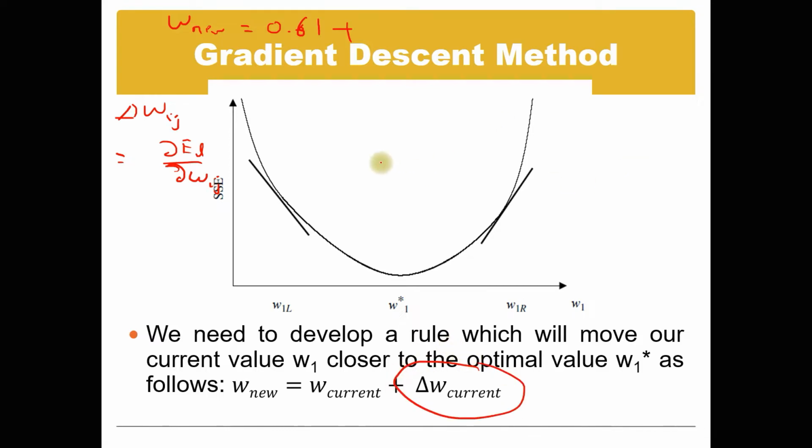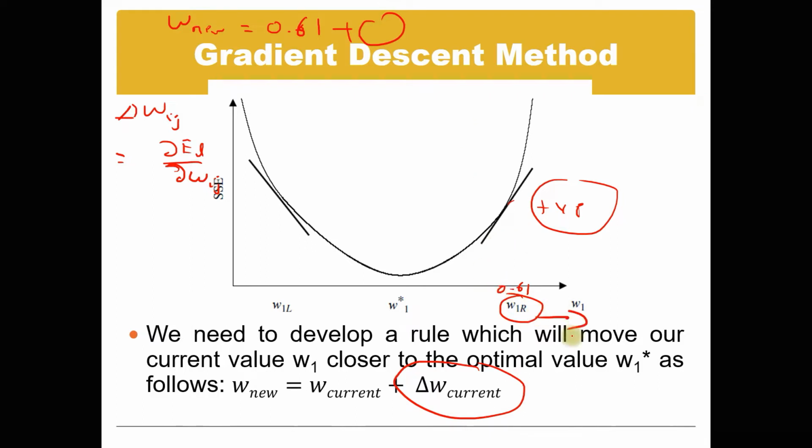But there is a problem if we use this definition as it is. Just bear in mind, if you are talking about W1R, which is on the right of the optimal solution, let's suppose 0.61, you differentiate that function. Obviously, you're going to get a positive gradient, which means that you are adding something with a positive value.